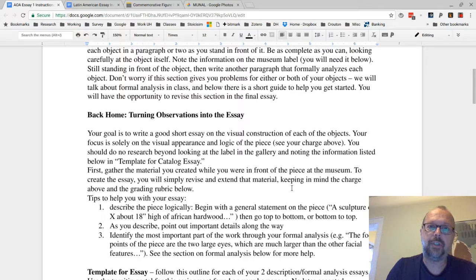And so what you want to be looking for, both in terms of mentoring them and later in terms of evaluating these things, is a logical description, so that they start at the top and move towards the bottom, or they start at the left and move towards the right, or some combination of those two, or some other logical process, so that the final goal is to be able to call up a decent mental image of the piece, or at least the important elements of the piece, to a reader who has not seen the object itself.